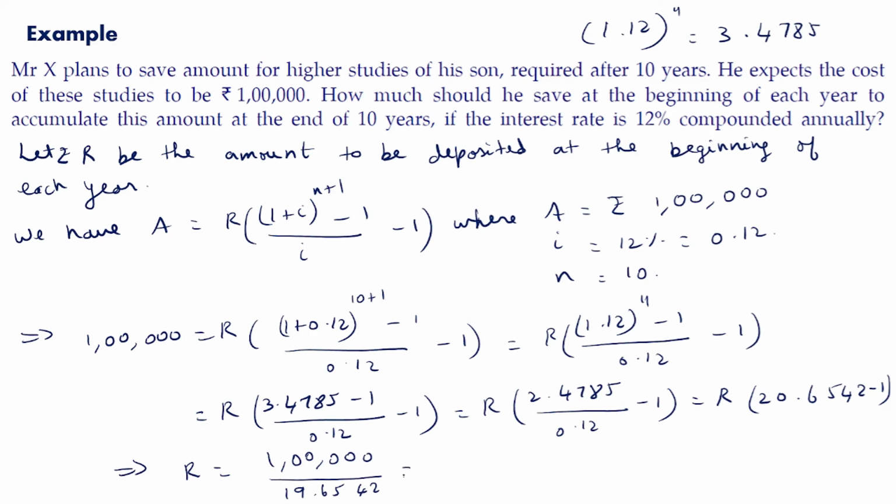So 1 lakh upon 19.6542 is rupees 5087.97 approximately. So he has to save an amount of rupees 5087.97, or approximately 5088, at the beginning of each year for 10 years, so that Mr. X will be able to get rupees 1 lakh at the end of 10 years.